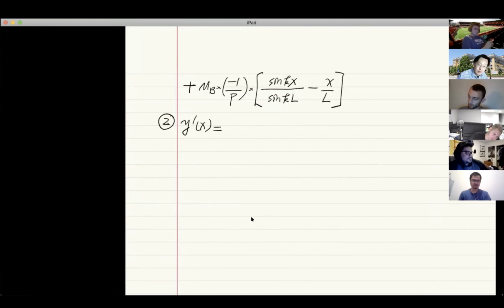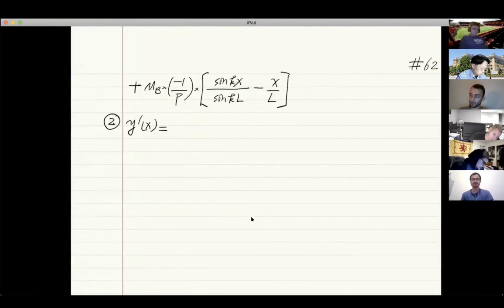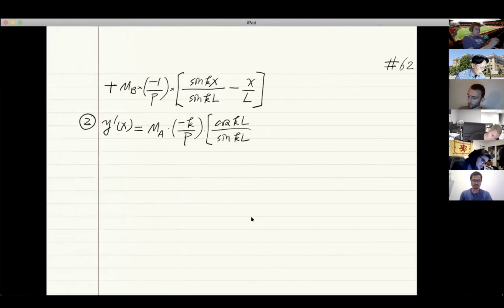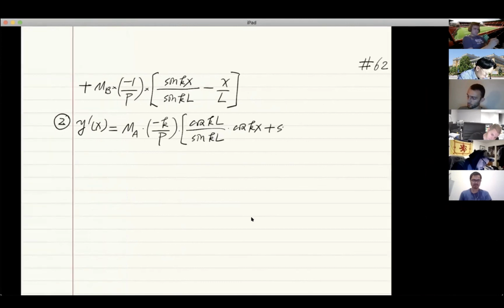Now, I will just give you the final result because I already explained how I got it. Here it's just MA times negative K over P times cosine KL over sine KL times cosine KX plus sine KX minus 1 over KL.